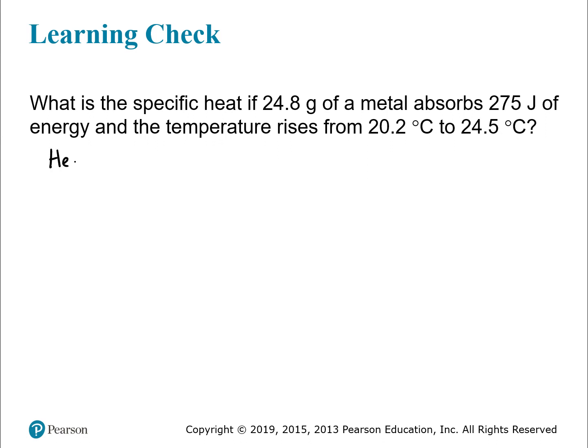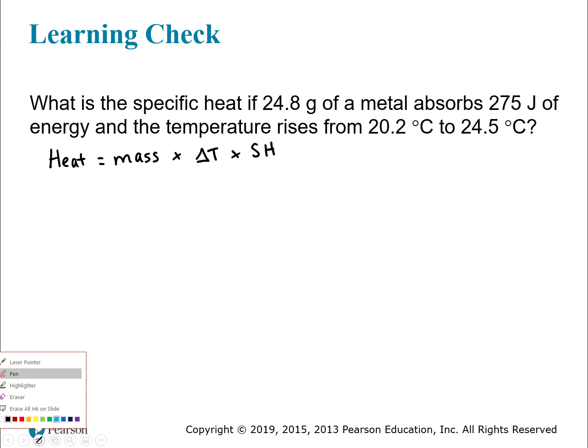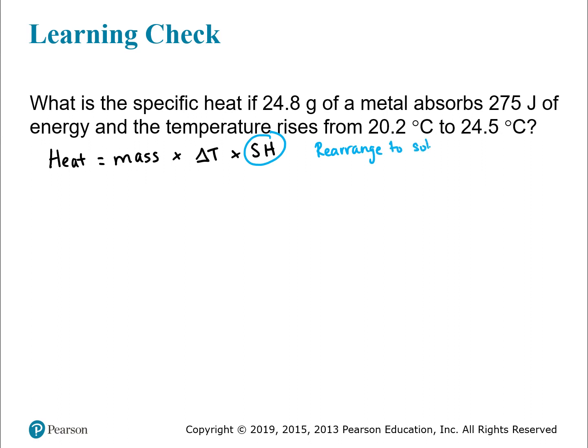What we know is that heat is equal to the mass times the change in temperature, that's delta T, times the specific heat. The question is asking for the specific heat. So we need to rearrange to solve for the specific heat.